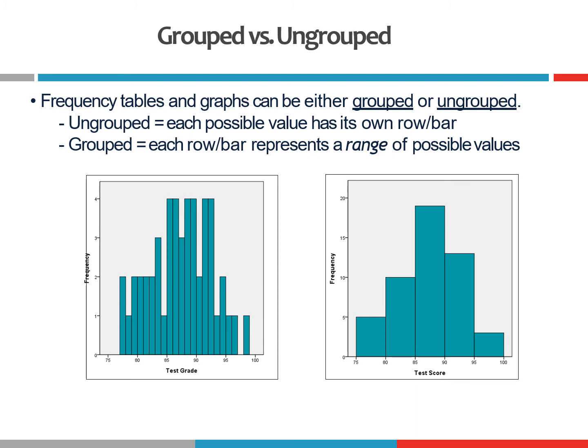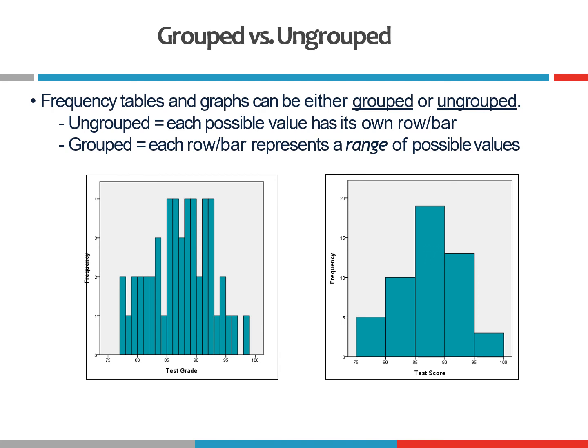So because we're talking about exam grades, we have different ranges that are meaningful, right? We have a discrete set of values that correspond to a letter grade. So 70 to 79 is a C, 80 to 89 is a B, and so on. Perhaps it would be most informative in this case to use a grouped frequency table or graph because we can again gain a lot of information easier that way.